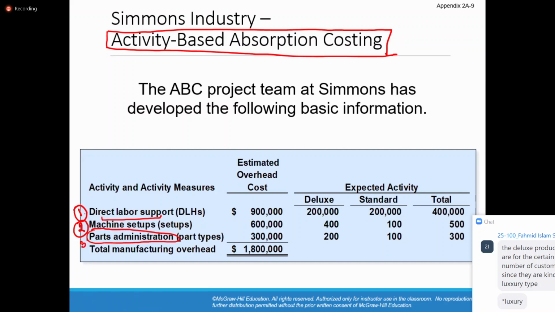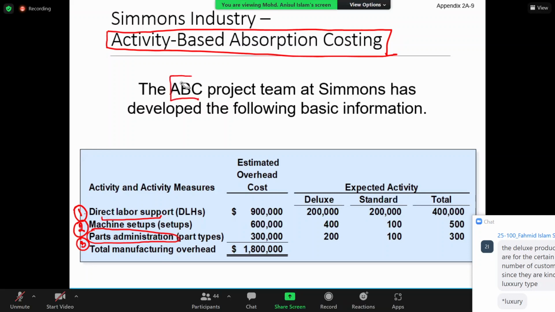So this is another activity. I am identifying this number 3 activity. So total manufacturing overhead consists of 3 activities. One is direct labor support, another one is machine setup, another one is parts administration. So for the purpose of using ABC, here ABC is a company name, but we'll see activity-based absorption costing.